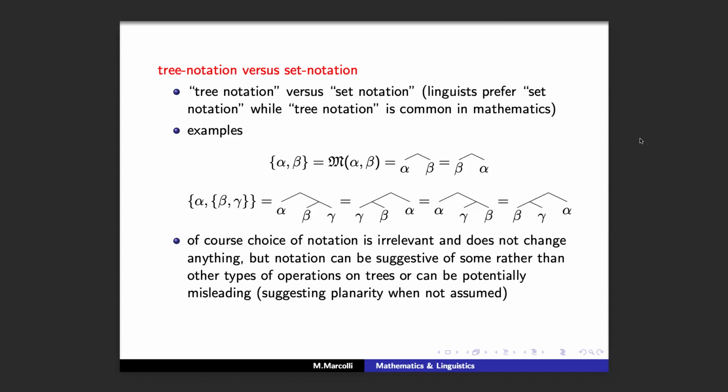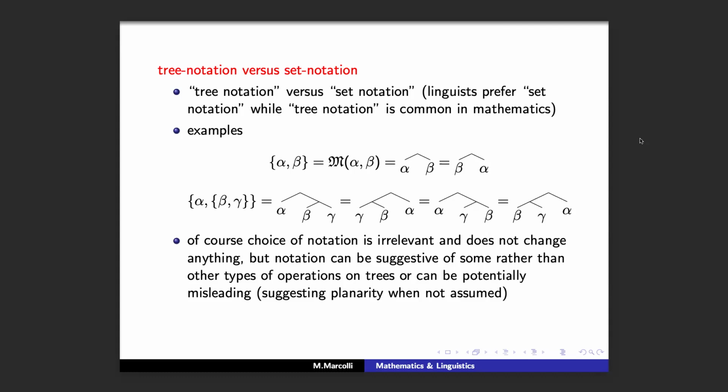If you look in the linguistic literature, you find a lot of discussion around using the tree notation as opposed to this kind of set notation for these syntactic objects. In various places they say this tree notation is confusing and it's better to use set notation.